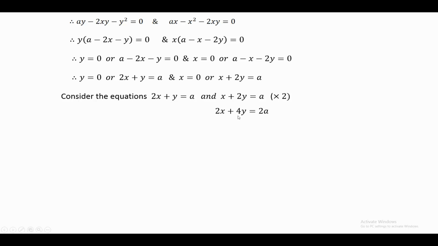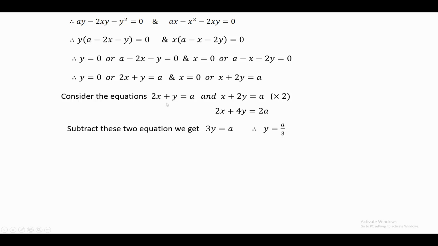Now subtract these two equations: 2x plus 4y minus 2x minus y. 2x cancels, 4y minus y is 3y, and 2a minus a is a. Therefore we get y equal to a by 3.